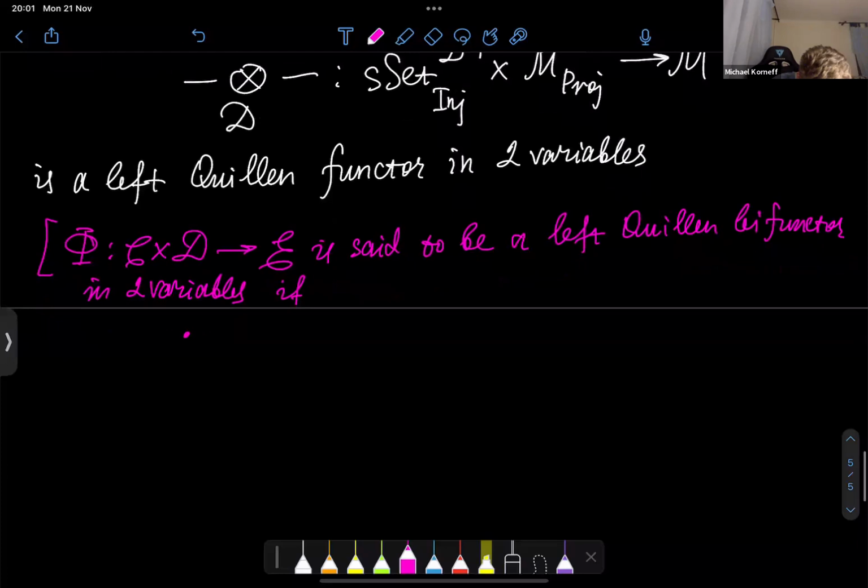The first one is that this functor is cocontinuous in each variable.